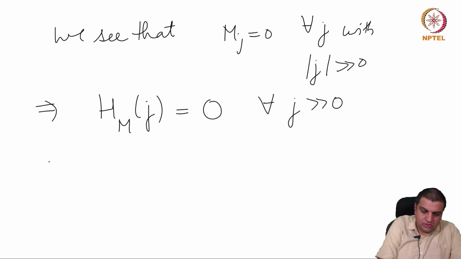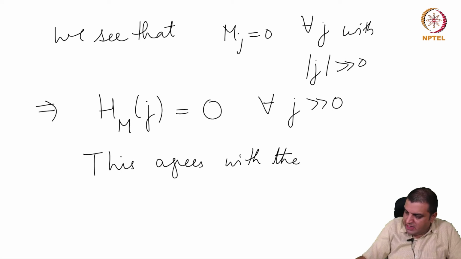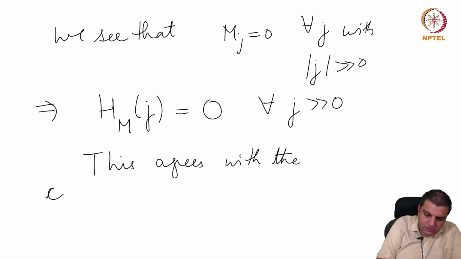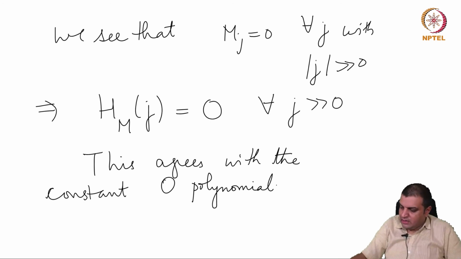So this is the constant 0 polynomial, which agrees with the Hilbert function.